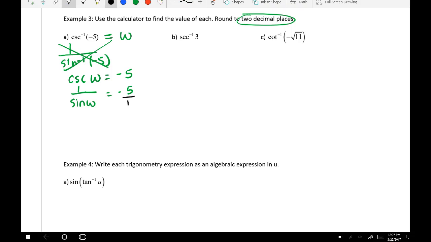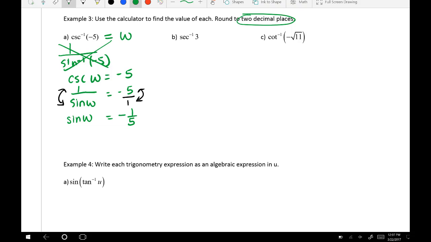Then, because I want to make both into fractions, I'm going to put 1 underneath the 5. Well, I don't have a cosecant button on my calculator, so I'm going to flip this. When I flip it, I now have sine of W equals -1/5.